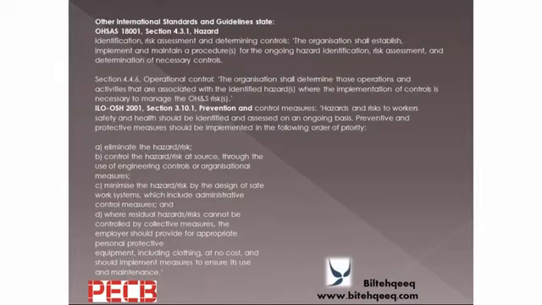So the organization must eliminate the hazards or risk. If the organization is using any hazardous material, it should eliminate the risk associated with this hazardous material, and it should also introduce some controls to reduce or minimize the risk associated with such hazardous materials.